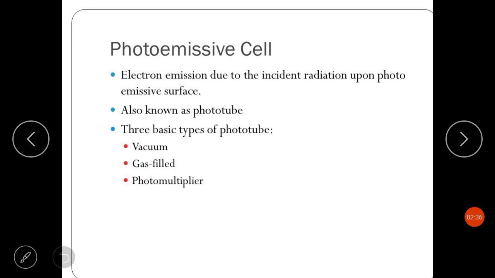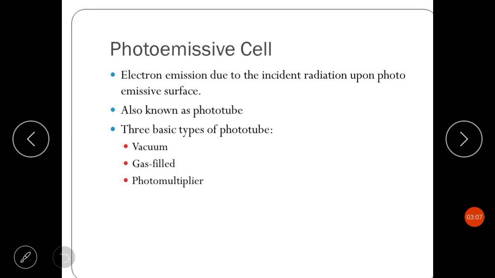What is the basic function of a photoemissive cell? This type of cell consists of a photoemissive material. When light radiation of suitable energy strikes it, electrons are emitted, and this emission of electrons is used for the conduction of current. So light energy is converted into electrical energy using this photoemissive material.